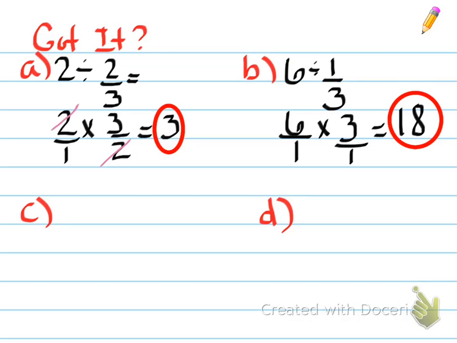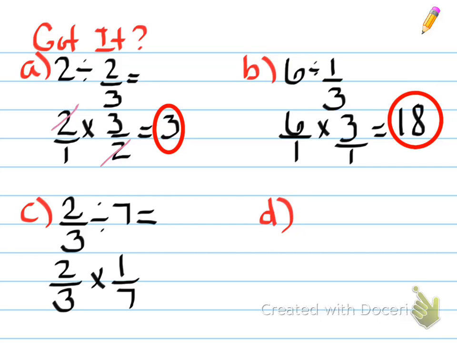Okay, moving on. Question C. We have 2/3 divided by 7. And again, I need to do my keep, change to multiply, and I need to flip 7/1 to 1/7. No need to cross simplify.